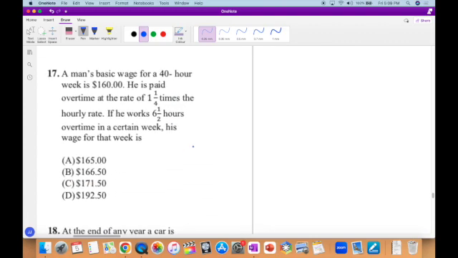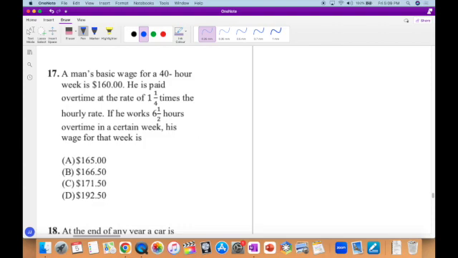A man's basic wage for a 40-hour week is $160. He is paid overtime at a rate of 1.25 times the hourly rate.